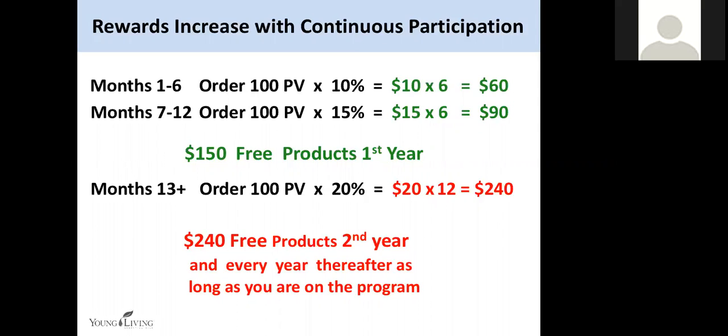So within the first year, a member could actually be receiving 150 PV worth of free products. And then from months 13 and on, at 20%, that totals 240 PV worth of free products for the second year and from then on out.